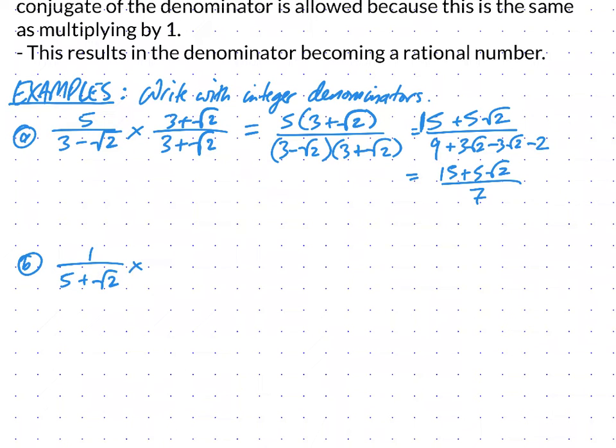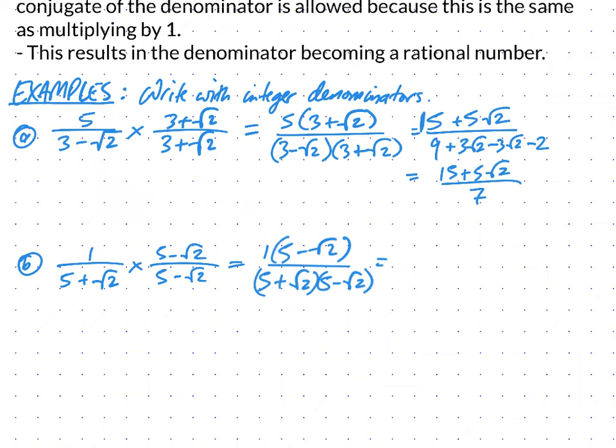So same here, 5 plus root 2, the conjugate is 5 minus root 2. We're allowed to do this because this is technically 1. So 1 lot of 5 take root 2 on 5 plus root 2, times 5 take root 2.